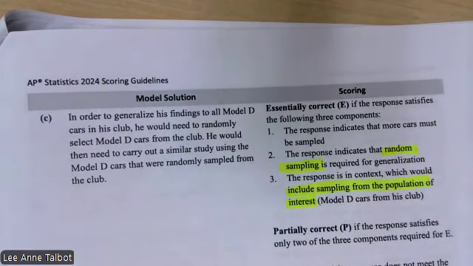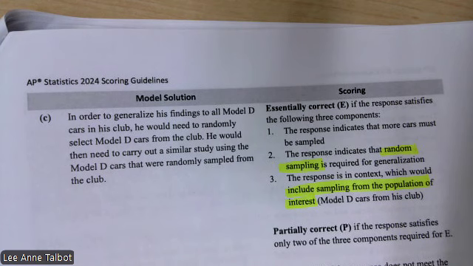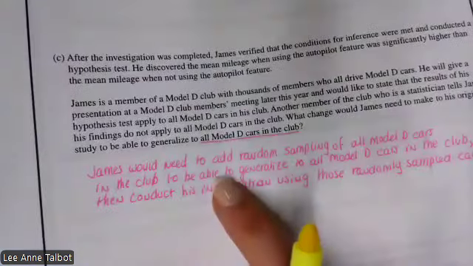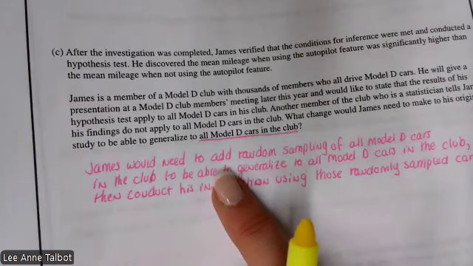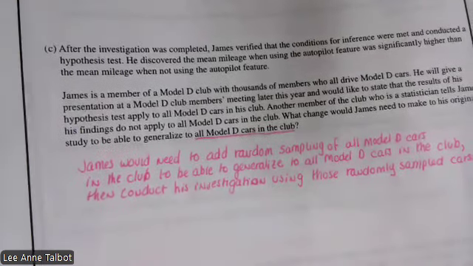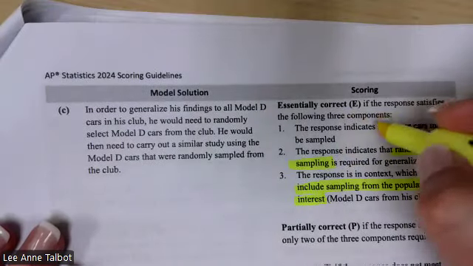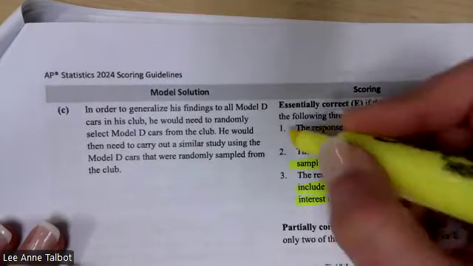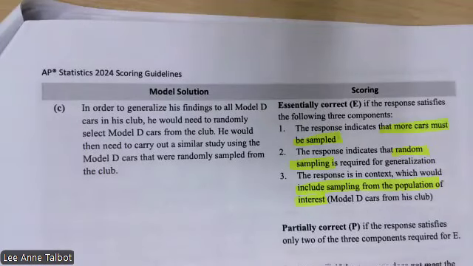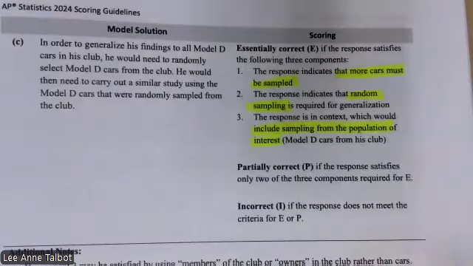I didn't really say more cars must be sampled. I guess I did, because I said the word add. You would need to add random sampling of model cars in the club to be able to generate. Huh. That's why we do this. You might say something like he needs to start over, or he needs to do his investigation again.